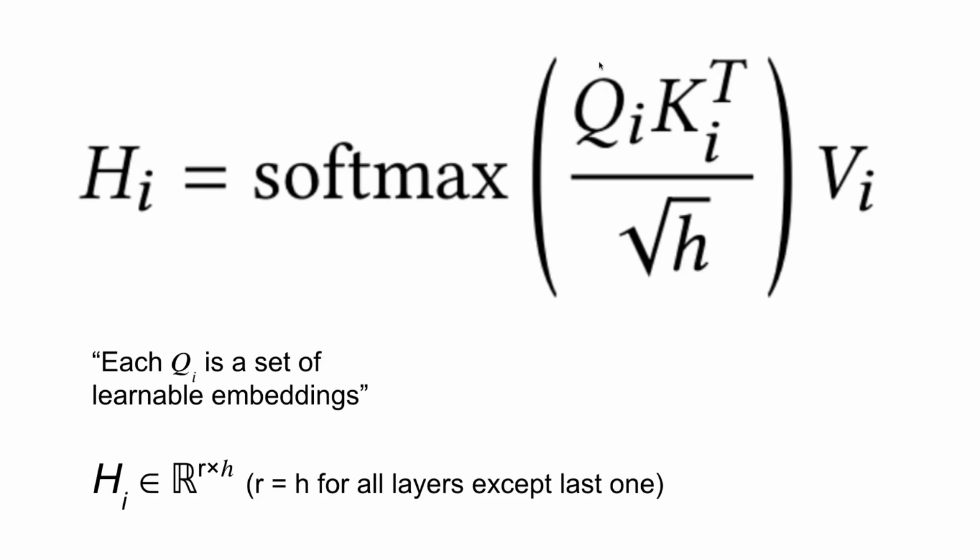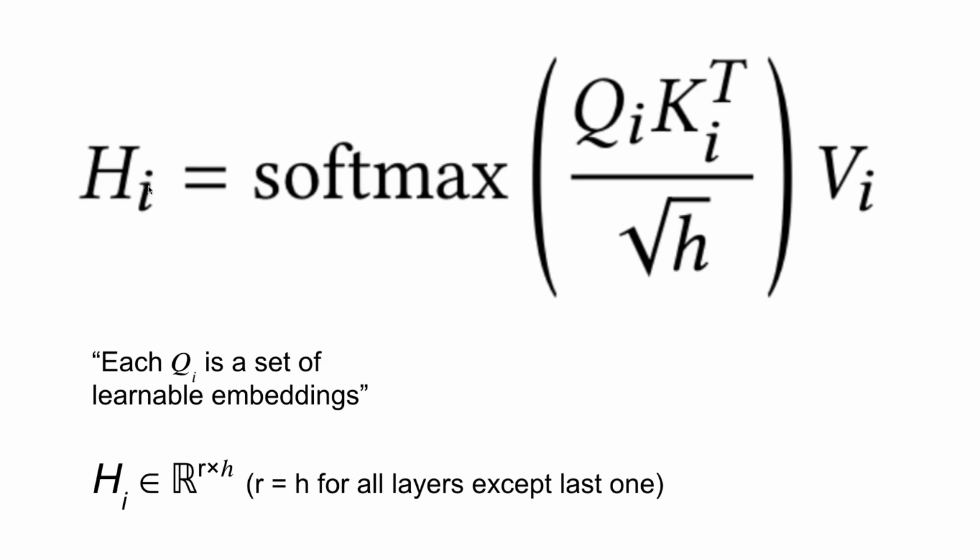So we take our learned matrix Q, multiply it by K transpose, divide by the square root of h, take the softmax of QK over the square root of h, and multiply that by the V value matrix that we got from the last step. This is our scaled dot product attention, and the output of that is called Hi.